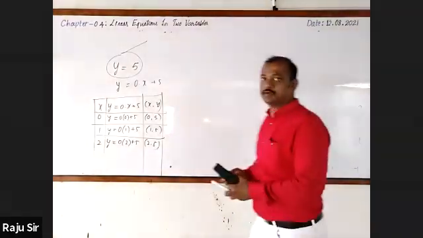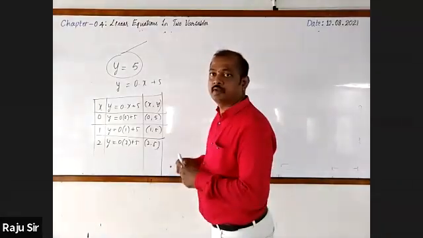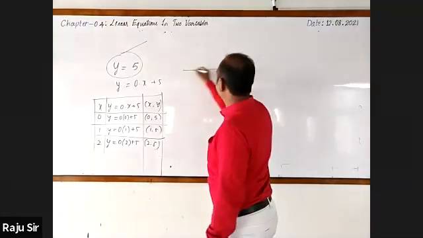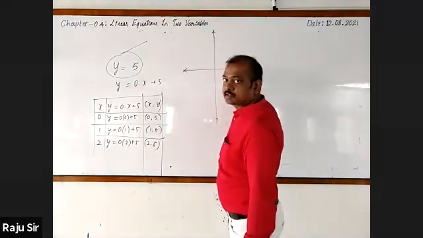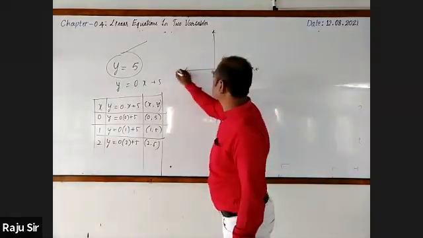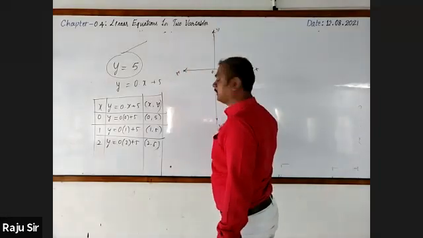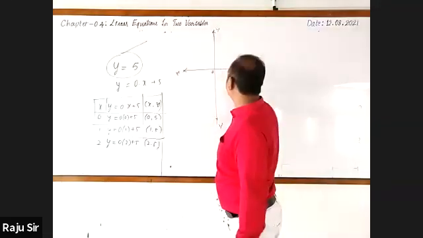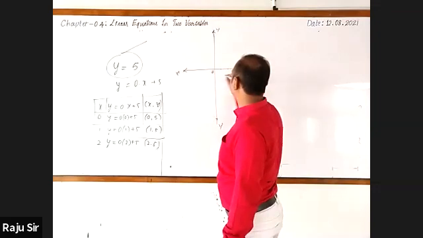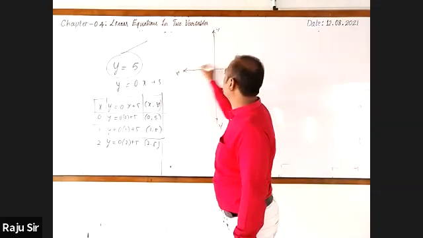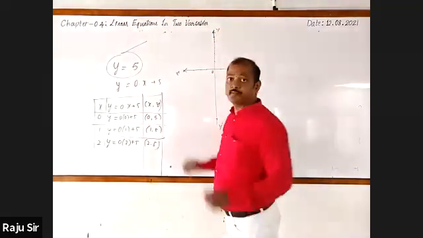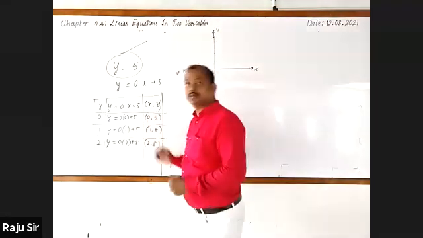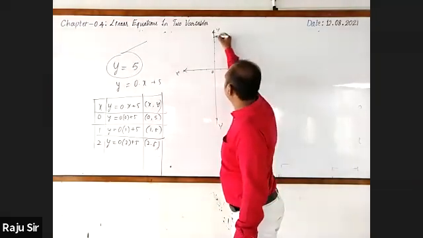Now just observe. I will draw the graph. It is the x-axis, x dash, and the y-axis, y dash. 1, 2, 3, 4, 5, 6, and so on. Minus 1, minus 2, minus 3. Your first point is 0 comma 5.